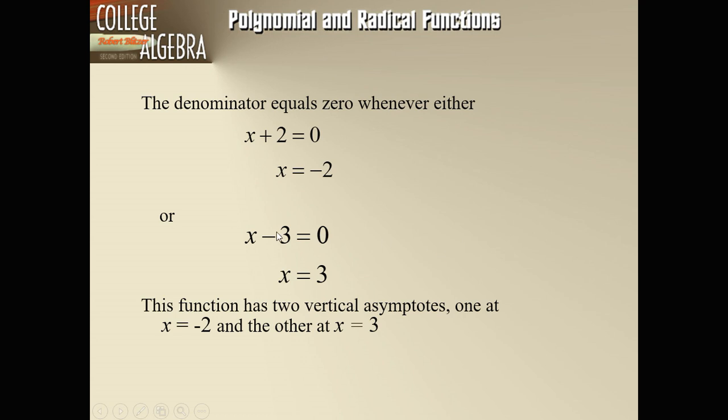So, next naman, x minus 3, ang value ng x natin ay 3. So, this function has two vertical asymptotes. One at x equal to negative 2 and the other at x equal to 3. Una is x equal to negative 2, tapos x is equal to 3.